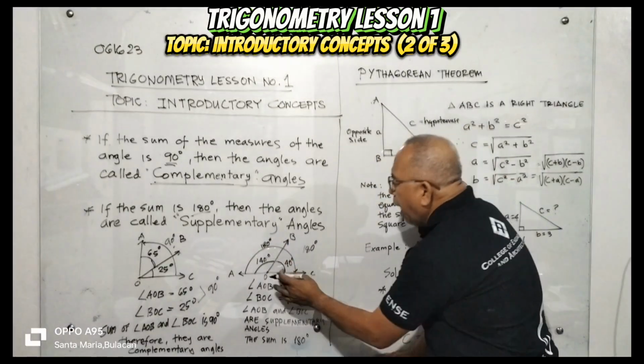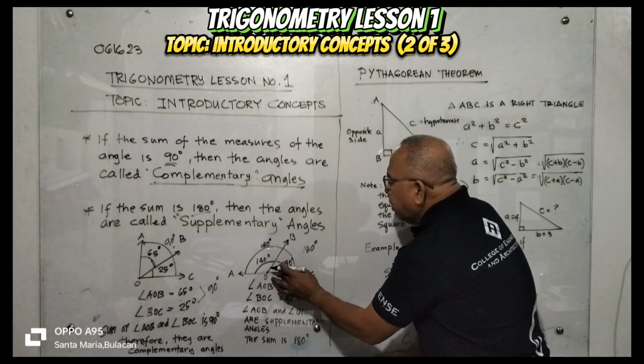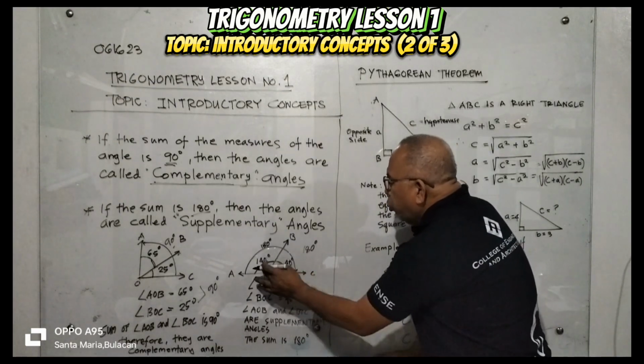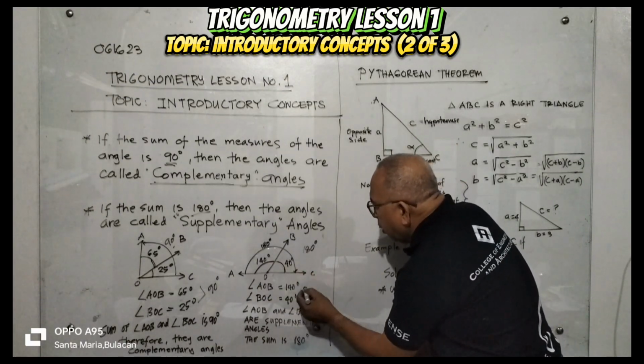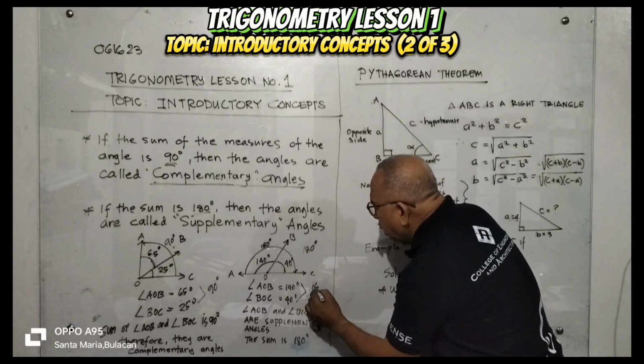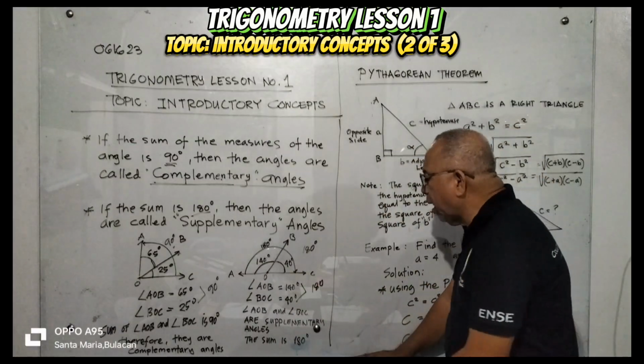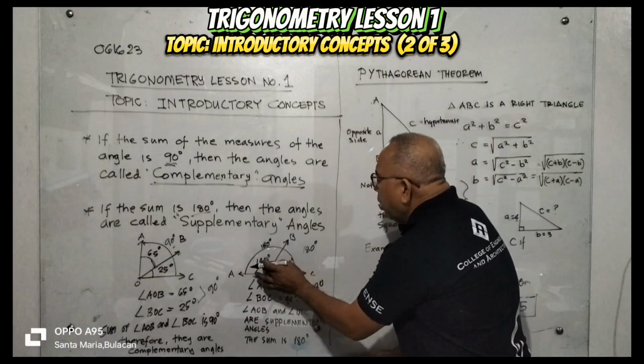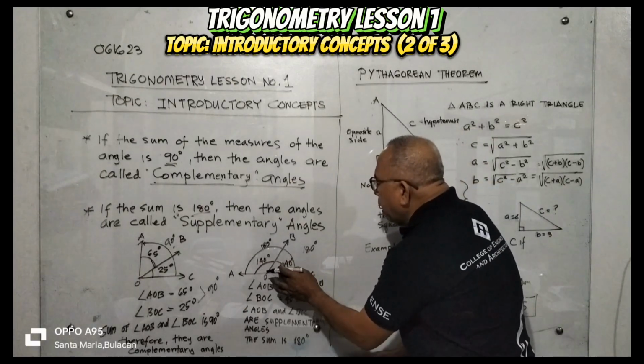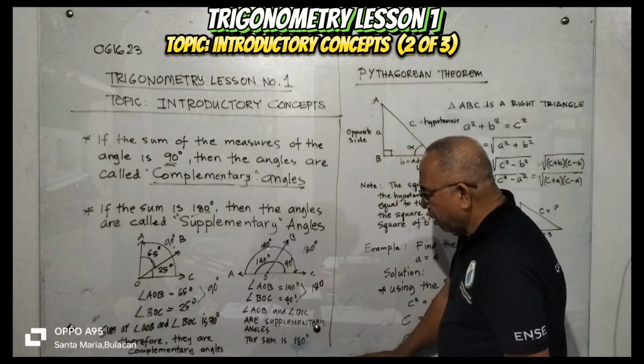So since we have two angles here, and if you add these two angles, sabi nga dito, this is 180 degrees. Once na i-add mo at 180, ang tawag na daw natin, ito ay supplementary angles.